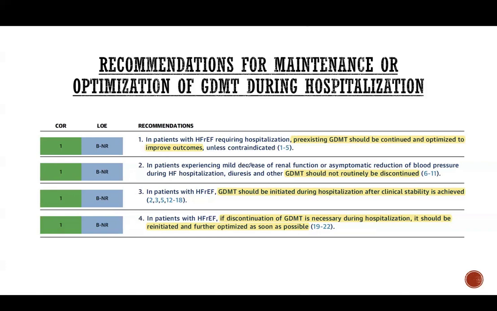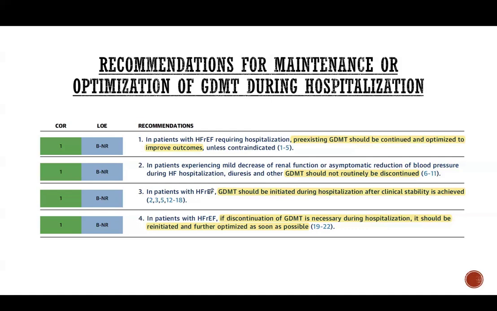In patients experiencing a mild decrease of renal function, suppose his creatinine has slightly risen, or asymptomatic reduction of blood pressure during heart failure hospitalization, diuresis and other guideline-directed medical therapy should not be discontinued. We tend to start decreasing drugs when BP is falling, that is ACE inhibitors or ARNIs or beta blockers. This discontinuation should not be done and these should be continued.